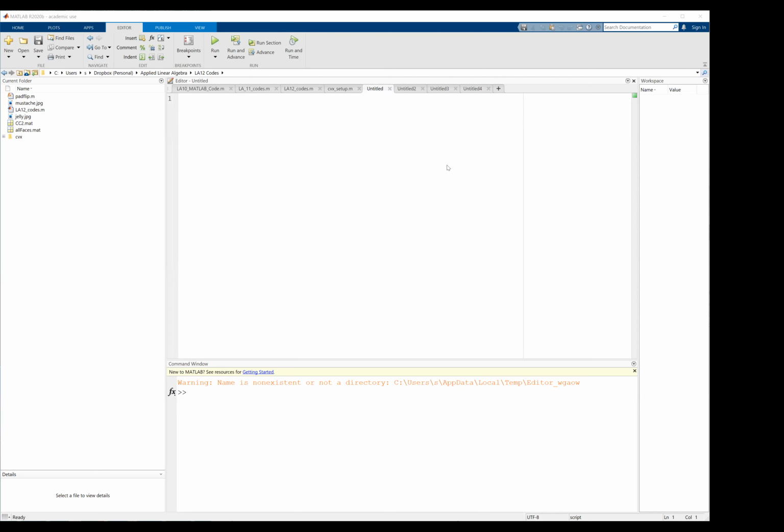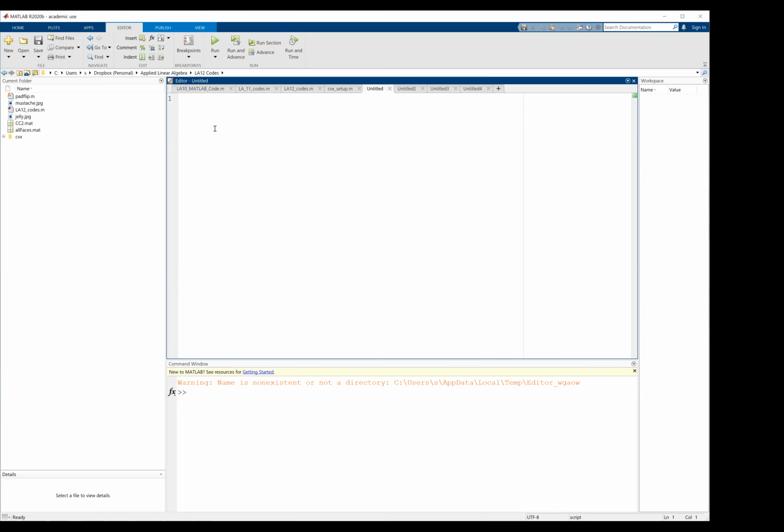Okay. So we are trying to solve the inverse kinematics problem. So first, let's code the equations that need to be coded. Let me write down what is given.